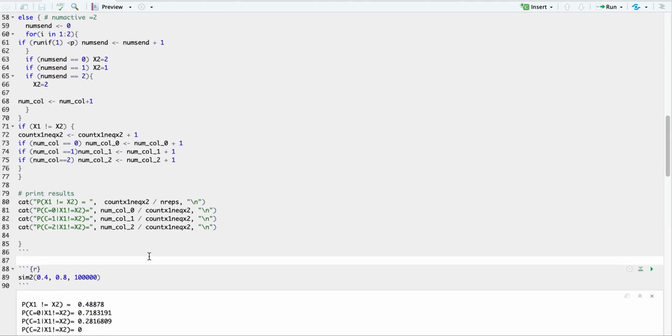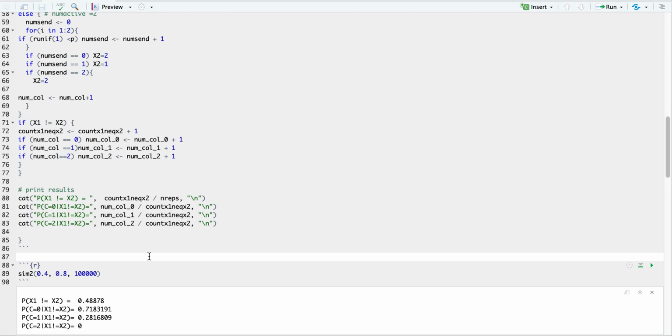Now the most prominent error was that everybody reported the number of collisions upon the number of repetitions, but they did not factor in the fact that x1 is not equal to x2 has been given. So it should have been the number of times the collision was 0 divided by the number of times x1 was not equal to x2.